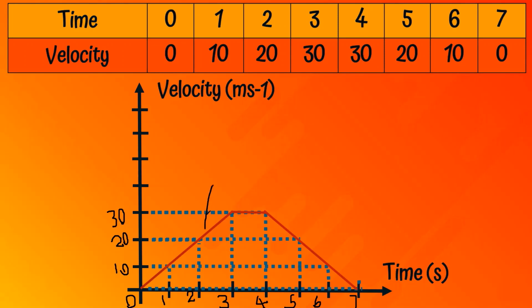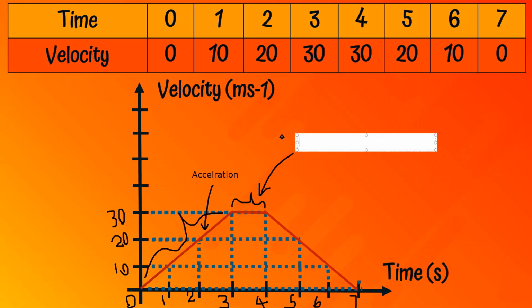So here there's acceleration. Here there's acceleration, and in this place there's a constant velocity, a uniform velocity.